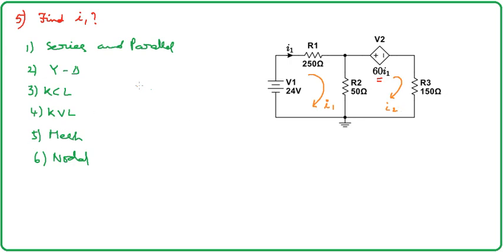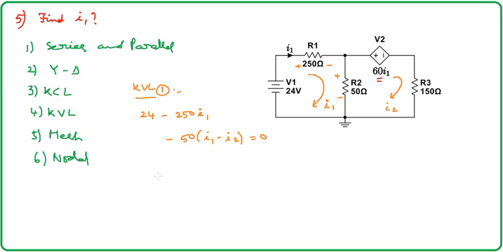So in loop 1, application of KVL in loop 1 will give us 24, so this is plus, minus R1 into I1 minus R2 into (I1 minus I2) equal to 0.